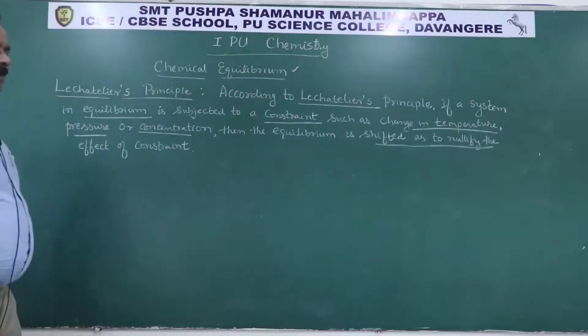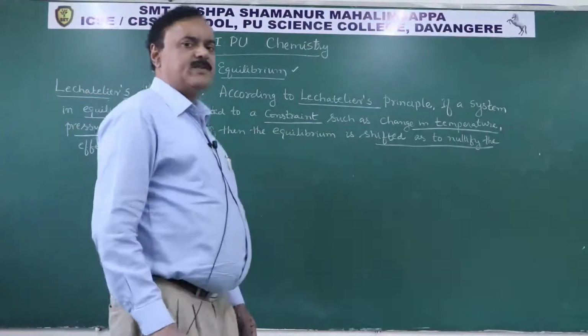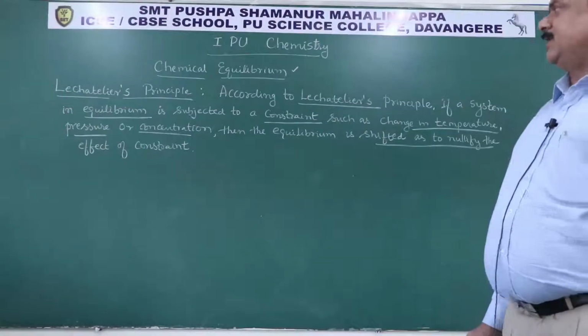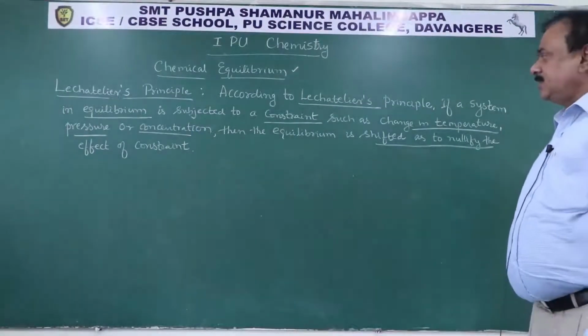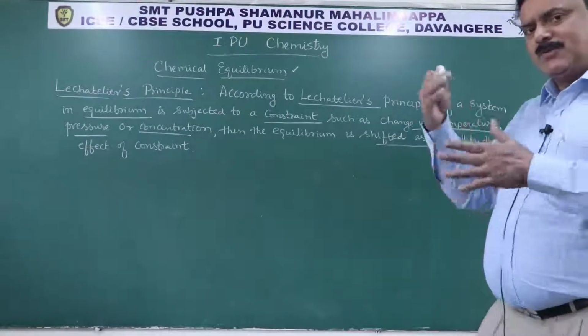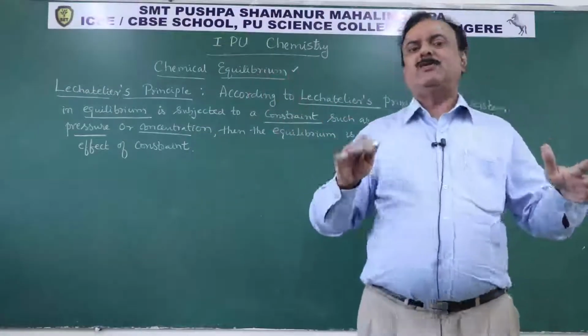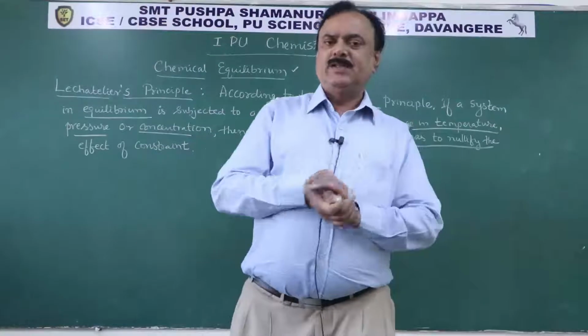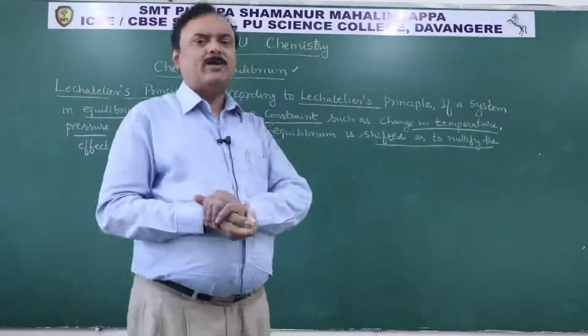It means it would counteract the effect of the constraint, like change in temperature, change in pressure, or change in the concentration of any one of the reactants. Therefore, either it moves in the forward direction or in the backward direction. In some cases it moves forward, in some cases backward.